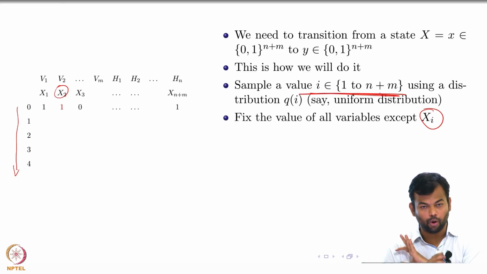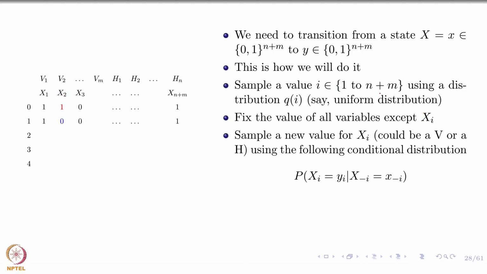So I'm going to keep all the other random variables fixed. I'm not going to change their value, okay? And I'm going to sample a new value for the picked random variable using the following distribution.